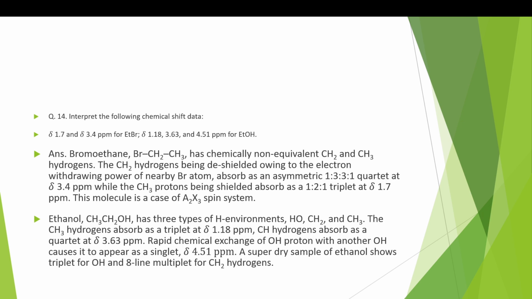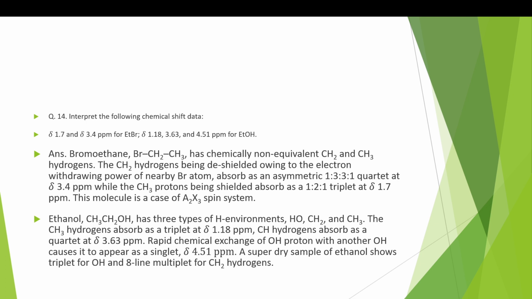Question 14. How to interpret the NMR data for ethyl bromide, 2 peaks, and ethyl alcohol, 3 peaks. Both molecules have respectively 2 and 3 types of hydrogens. So we get that number of peaks. In ethanol, a very special point has to be noted.